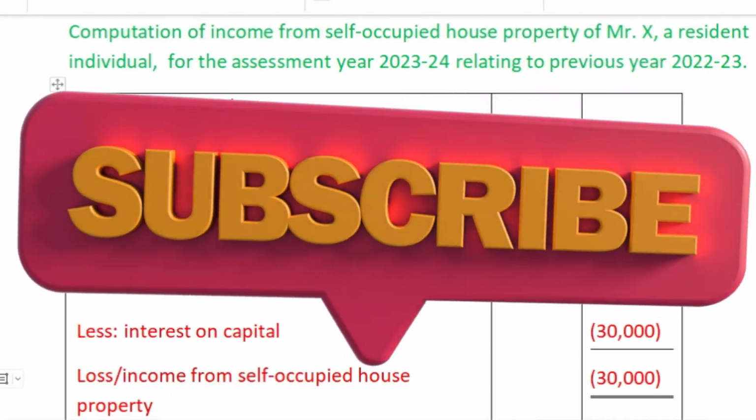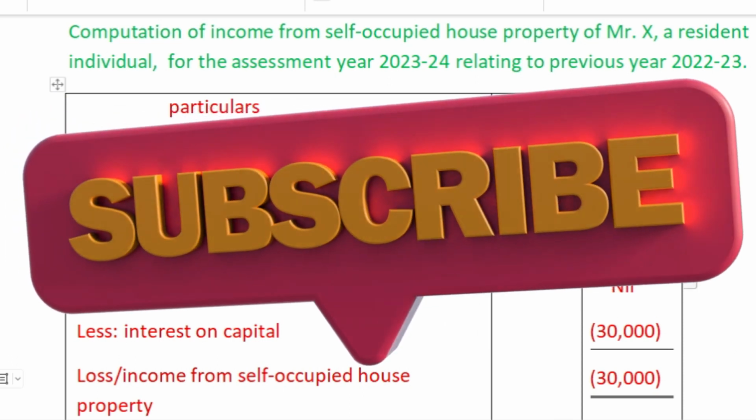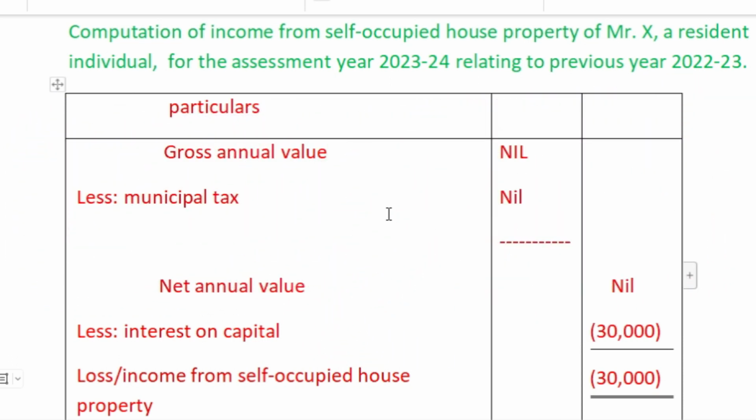This format will be used to solve the self-occupied house. Here is the computation of income from self-occupied house property of Mr. X, a resident individual, for the assessment year 2023-24 relating to previous year 2022-23.